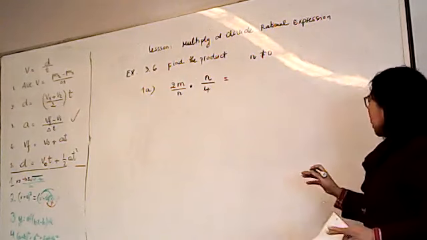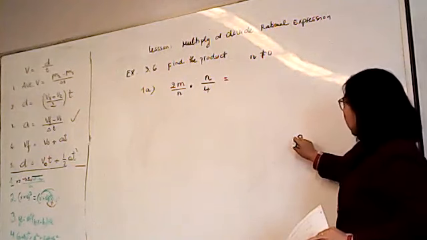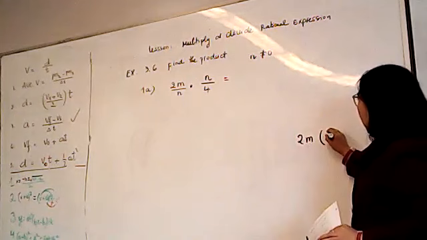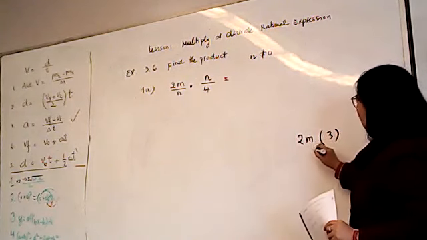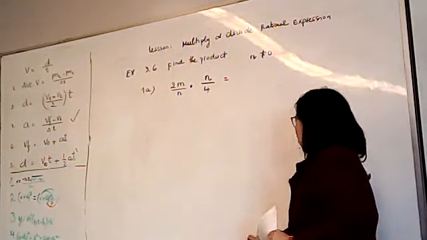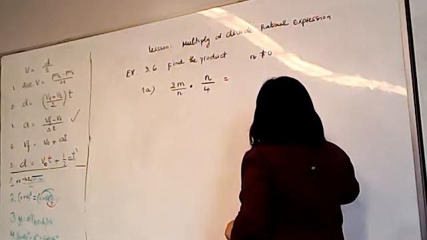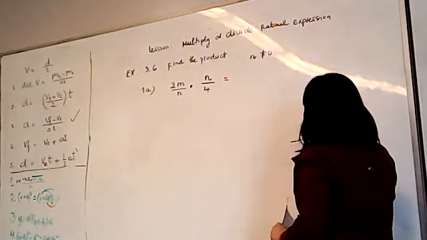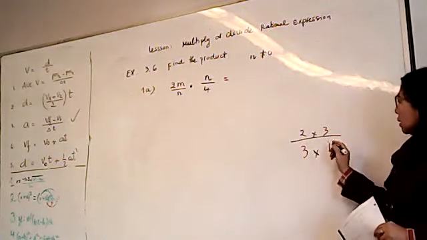Now, how do I find the product? Now, student, if you do multiply, right? Let's say you have 2 times 3 over 3 times 4. Let's say you have something like that, right?